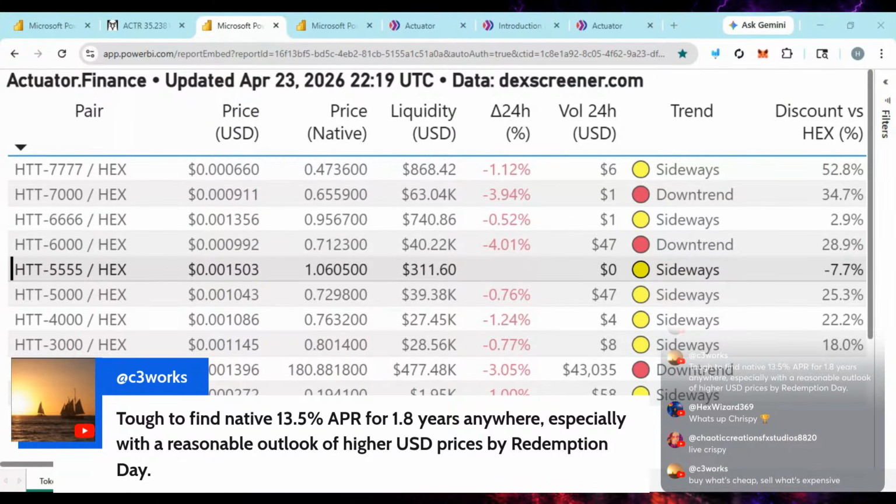That's for sure. If you were trying to do just a 2-year stake, you're not getting 13% APR. All right. And as he's mentioning here, especially with the reasonable outlook of a higher USD price by redemption day, right? And that's just the speculation that, of course, the HEX price will come back. It will come back. That's the speculation.